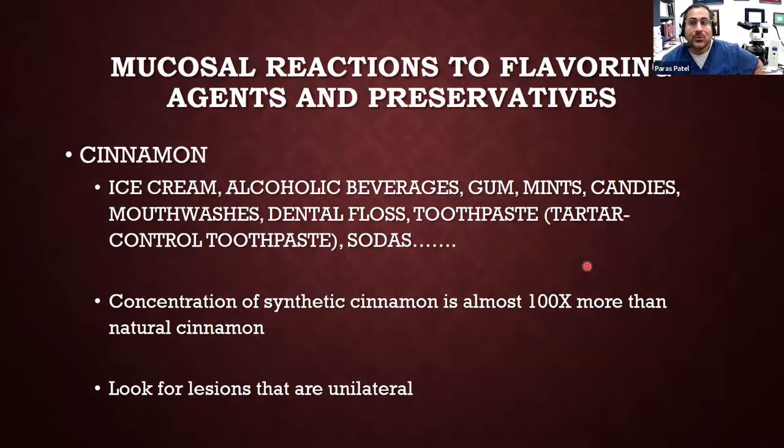You can see mucosal reactions to flavoring agents. The biggest offender is cinnamon, or synthetic cinnamon, and the concentration is almost 100-fold compared to natural cinnamon, so oftentimes this can produce an exuberant immune reaction. One thing to look for is a unilateral process affecting the lateral tongue as well as the buccal mucosa on one side. I talk to patients about dominance in chewing.